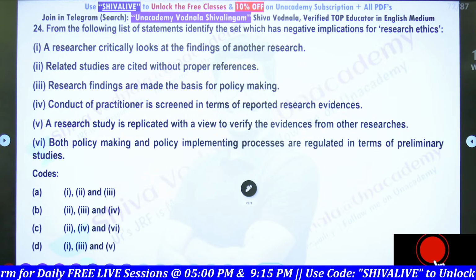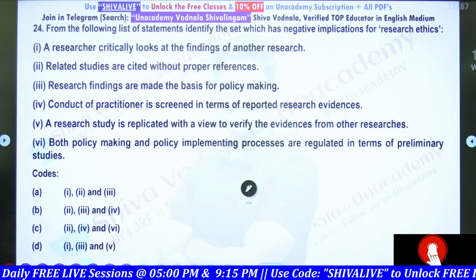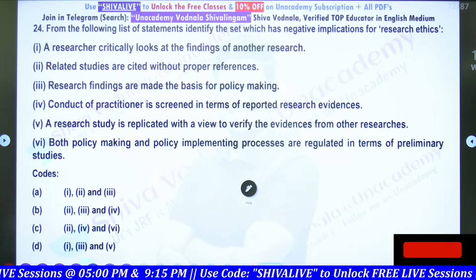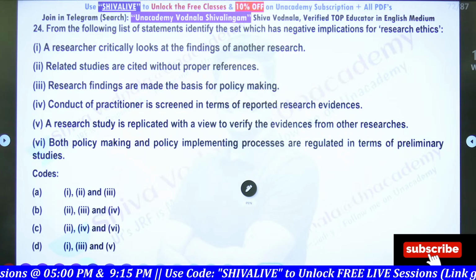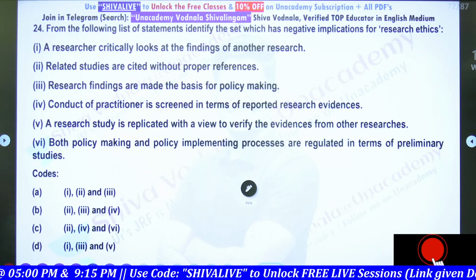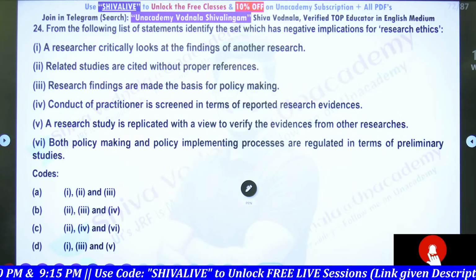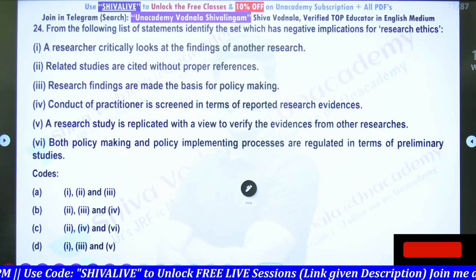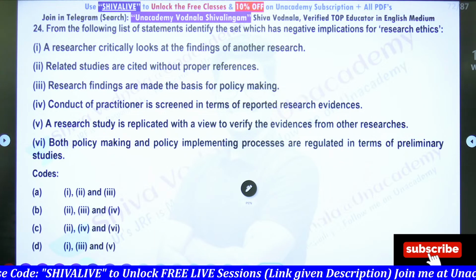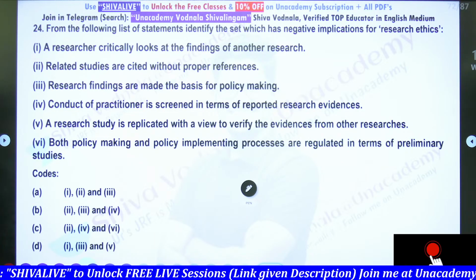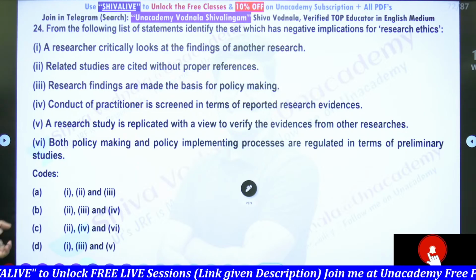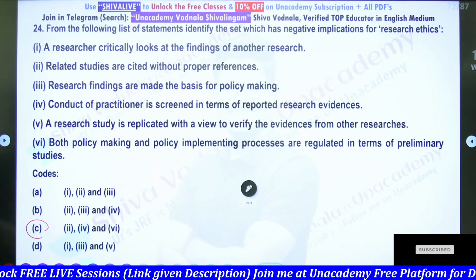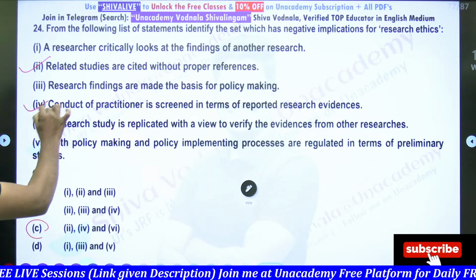But option C is the correct answer, that is 246.